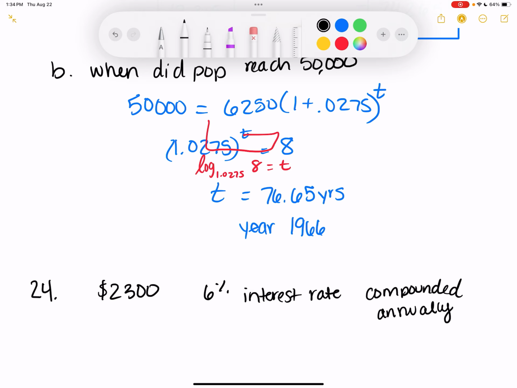You get little poppers. Okay, compounded annually. How long will it take until John's account has a balance of $4,150? Why does it need $4,150? I don't know. Is this guy willing to wait a while or something?